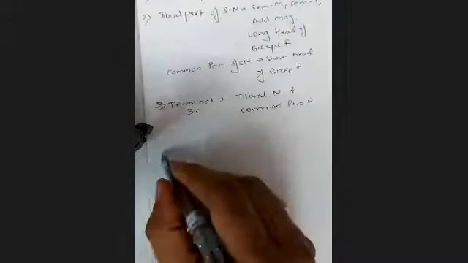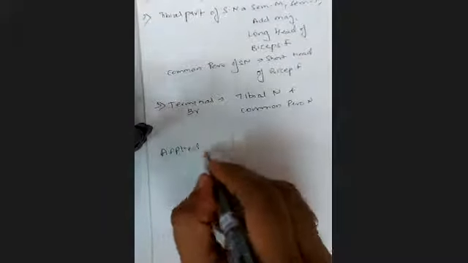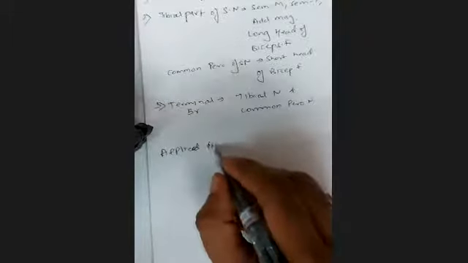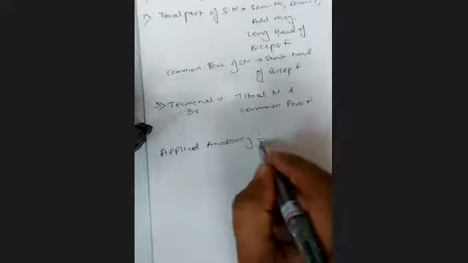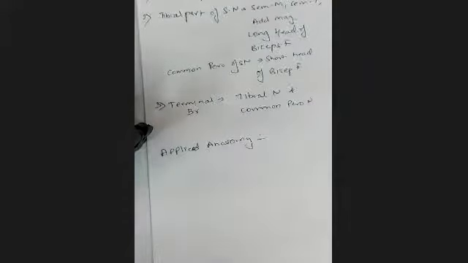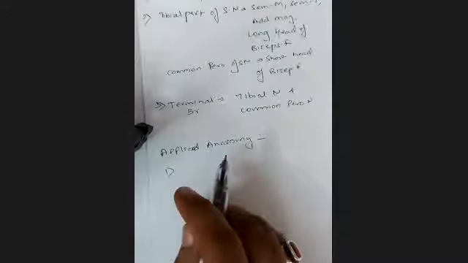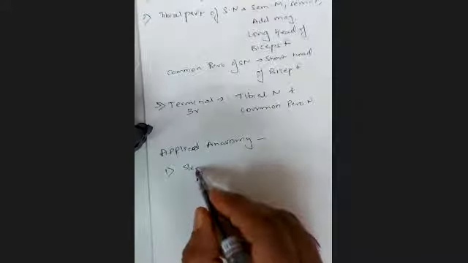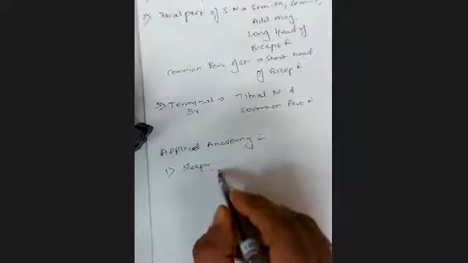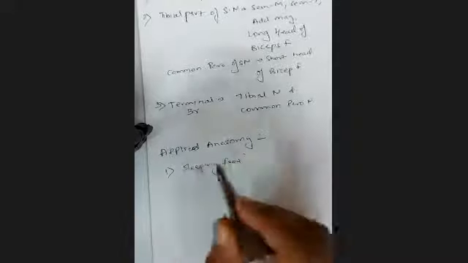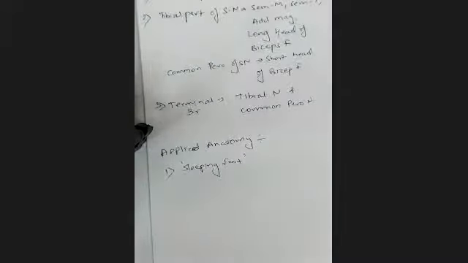Now let us write the last component, the applied anatomy of the sciatic nerve. This is asked for 2 marks. Sometimes the sciatic nerve may get compressed by prolonged sitting or due to some unusual stretching, and then a person gets what is called sleeping foot, where we are not able to move the foot.